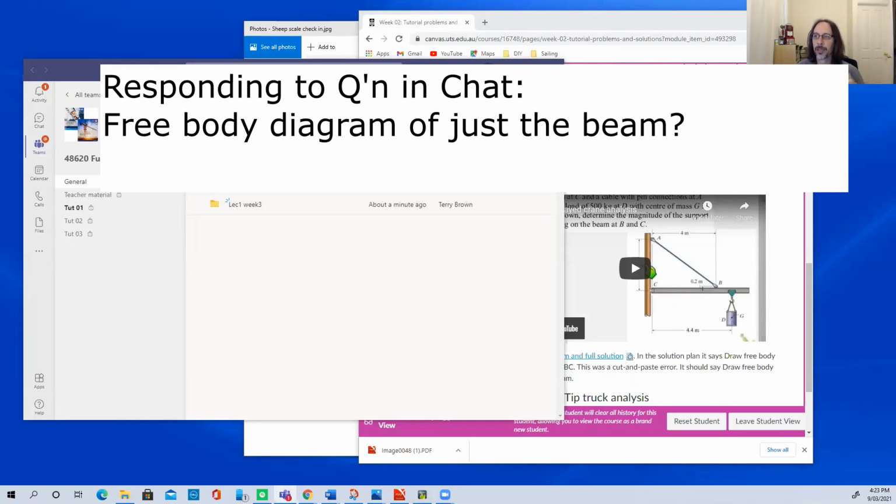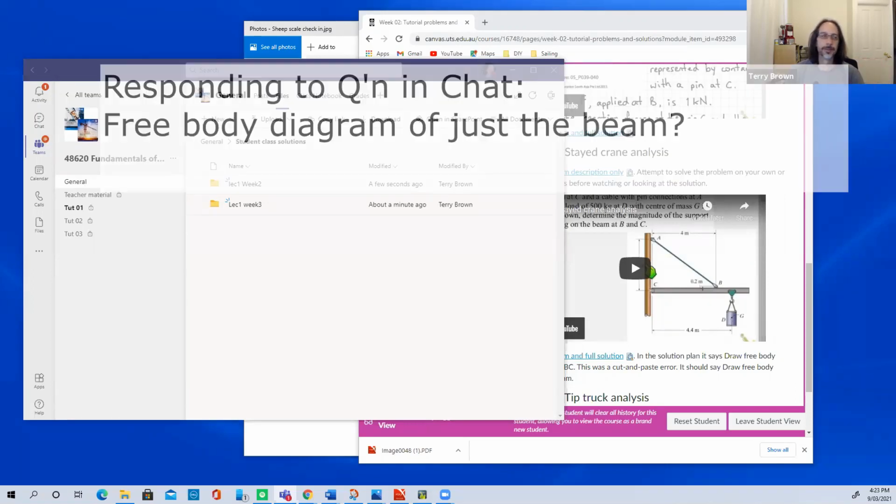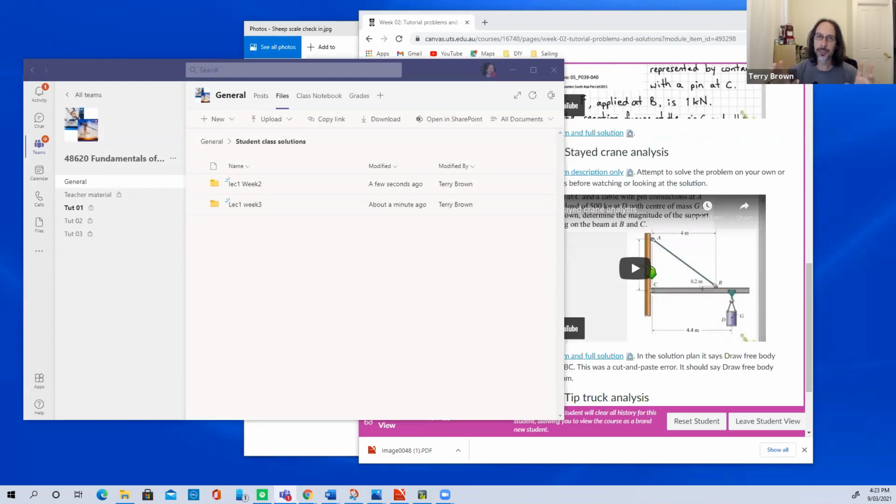So if I say draw a free body diagram of the beam, then I mean just the beam alone. Then we replace the interactions with other components with the forces and or moments of interaction that are generated by the connections to those other components.